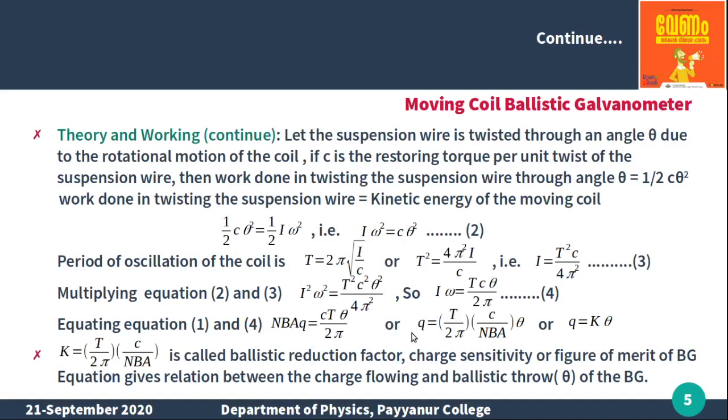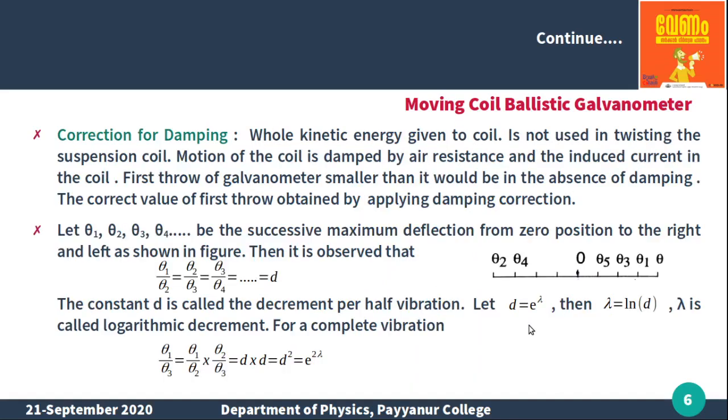So our equation Q = (T/2π)(C/NBA)θ can't be right, because this Q was obtained by assuming that the entire kinetic energy is used for twisting through an angle θ. That means this won't be θ; there should be a correction for θ. That correction is known as the damping correction.